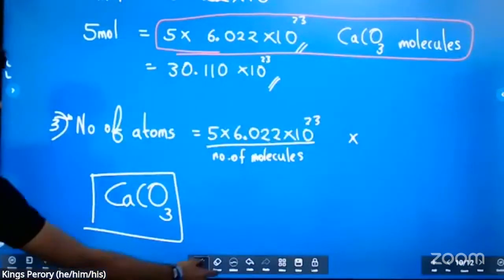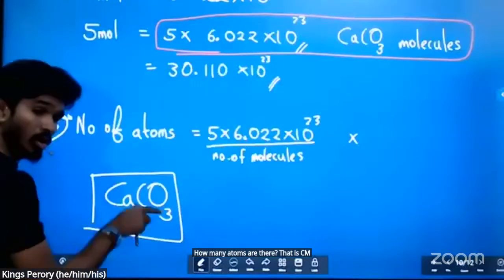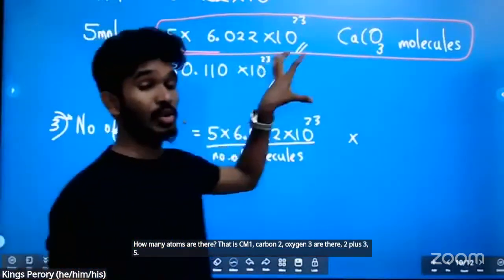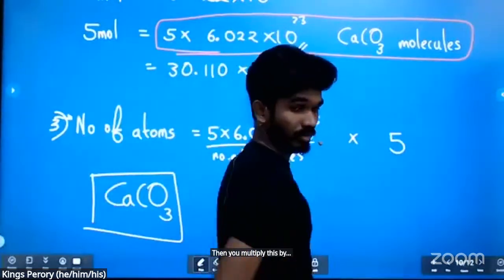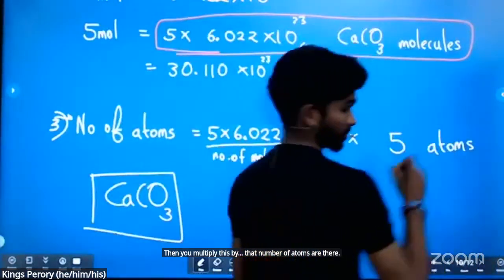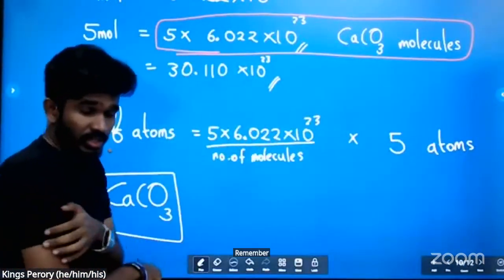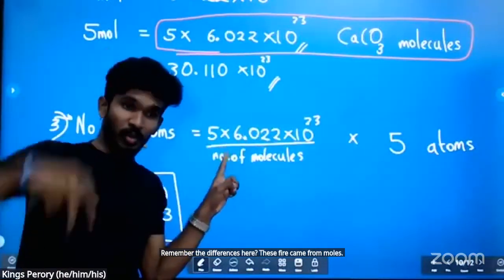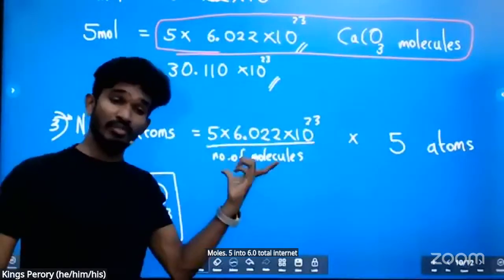How many atoms are there? Calcium 1, carbon 2, oxygen 3. 2 plus 3, 5. Then you multiply this by 5. Remember the difference here. This 5 came from moles, 5 moles. 5 into 6.022 into 10 to the power 23 is the number of molecules.